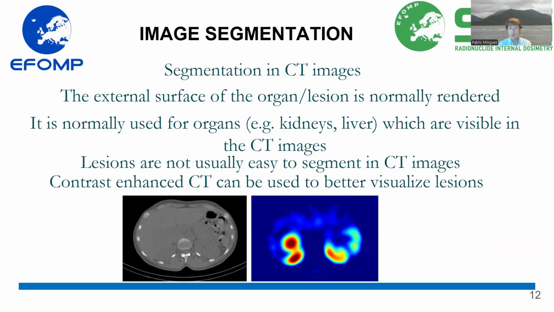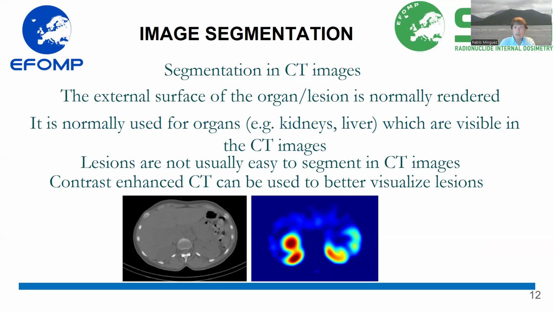It could be applied also to lesions, but they are not normally visible in the CT image. So we would use contrast enhanced CT, but this is not always possible.